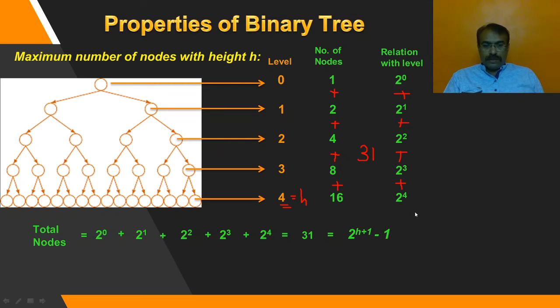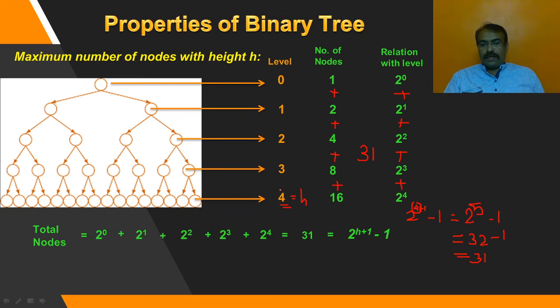Here you can see, if I put the same thing in this example, 2 raised to power h, 2 raised to power 4, with h plus 1 in the power only, minus 1. So it will be 2 raised to power 5 minus 1, which is basically 32 minus 1, which is 31. So with h equal to 4, I get 31.